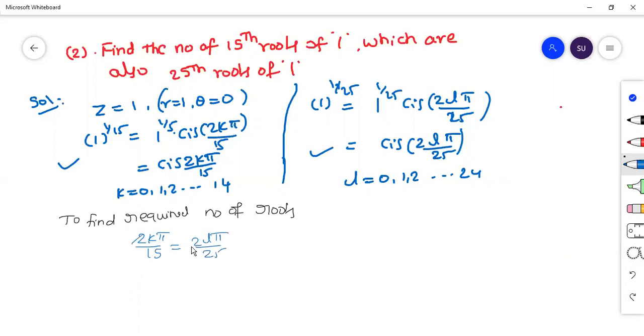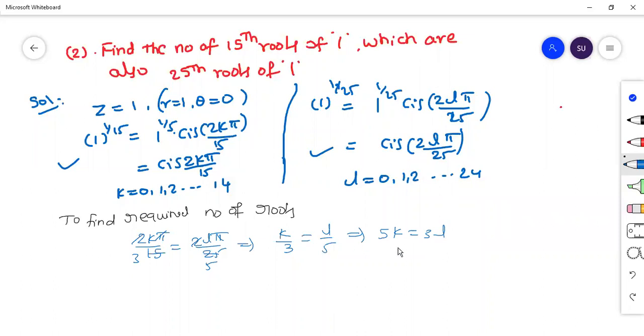Here 2 cancels, pi cancels. Here 3 fives are 15, here 5 fives are 25. So k by 3 is equal to L by 5, which means 5k is equal to 3L.